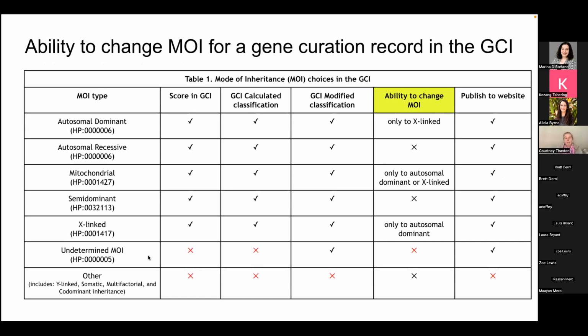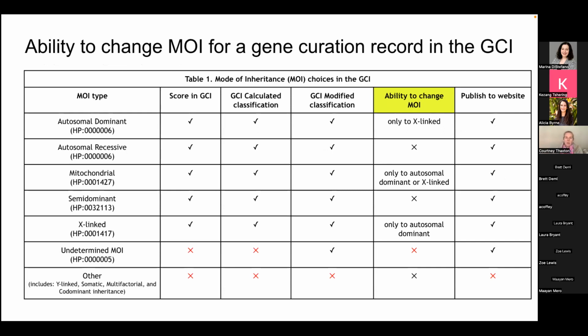Going on with mode of inheritance, we've had a lot of requests lately within our gene curation interface development team about wanting to change the mode of inheritance for a particular record. So we wanted to provide clarity for you all in the SOP about this.